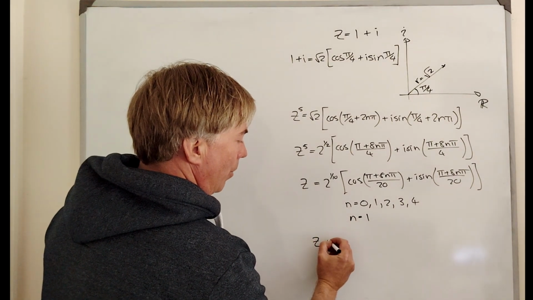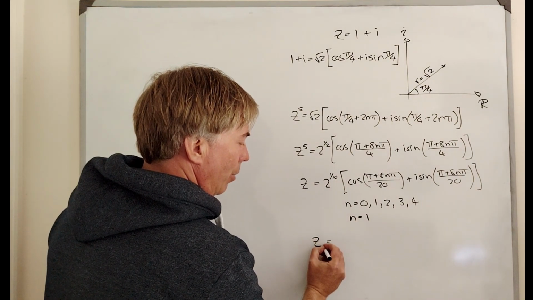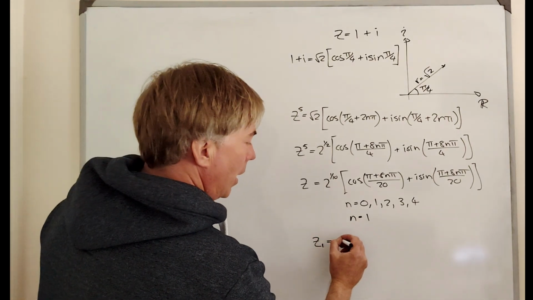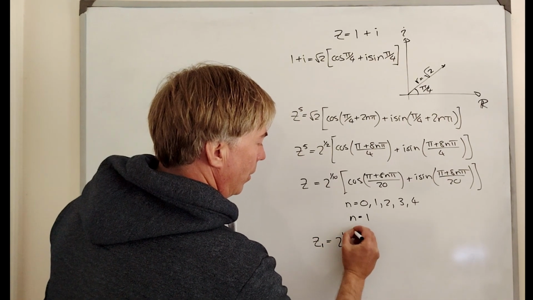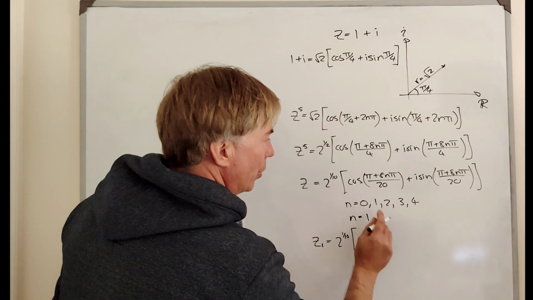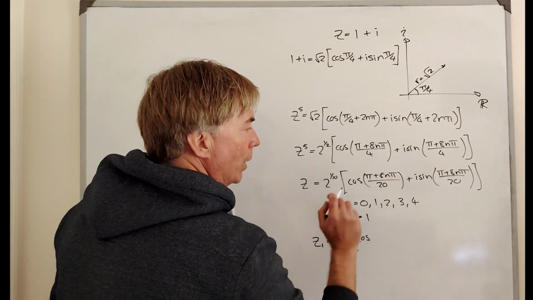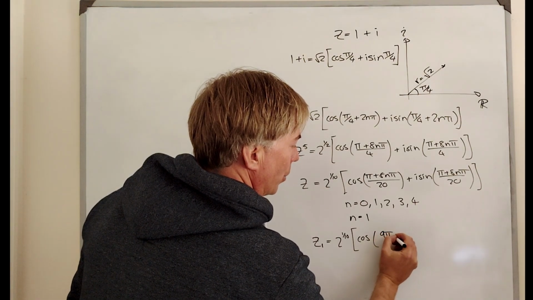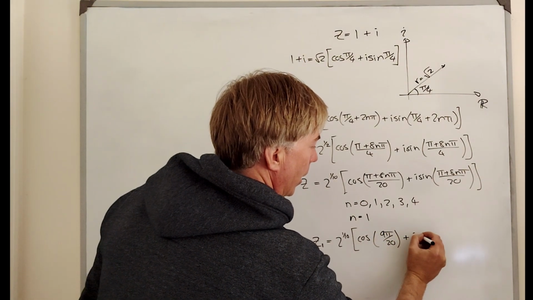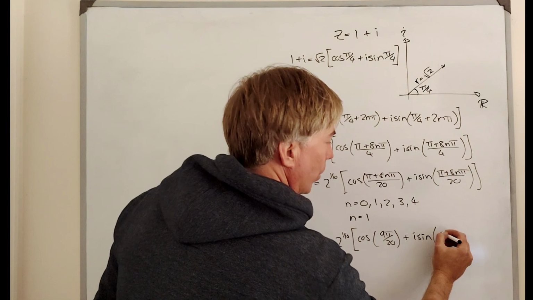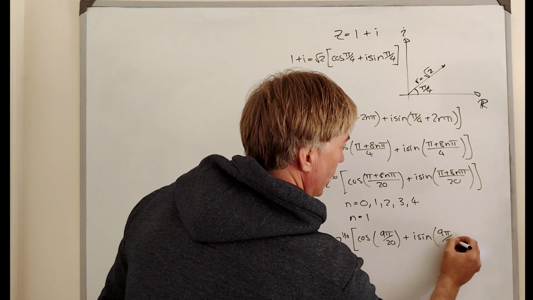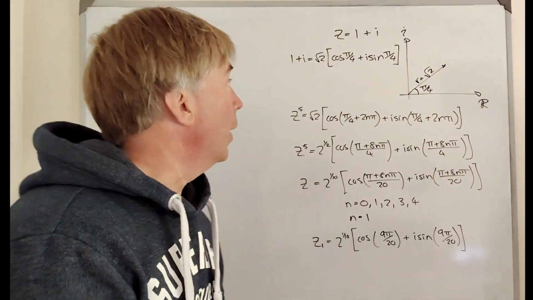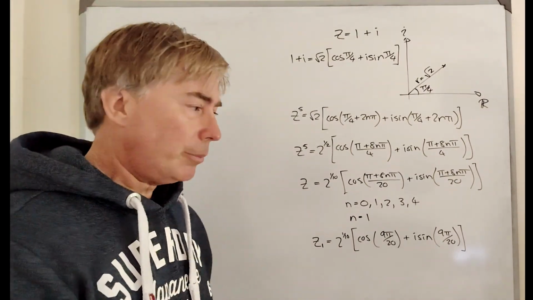So it will be our second one, or z1, because z0 will be our first, and we end up with 2 to the 1/10 and cos. Here I'm going to put 1 in place of n, so I end up with 8 pi plus pi, so it becomes 9 pi upon 20 plus i sin, and then once again 9 pi upon 20. So that is our second fifth root of our complex number 1 plus i.